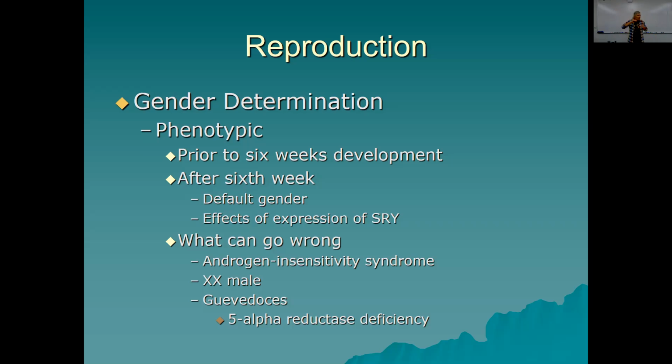So individuals are born looking like perfectly normal baby girls, but it's an interesting thing that at puberty, you don't need dihydrotestosterone to make male genitals. Testosterone itself works. Why? I don't know, but that's the way it is.